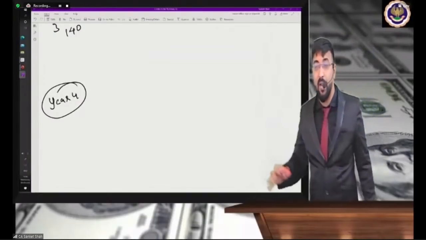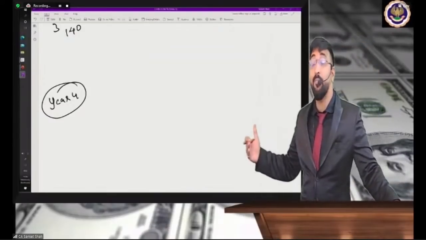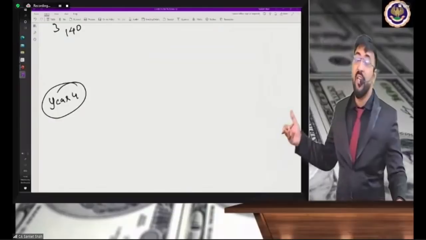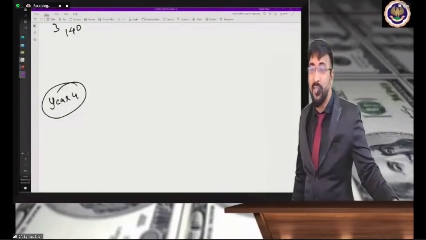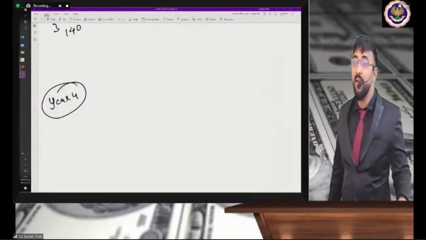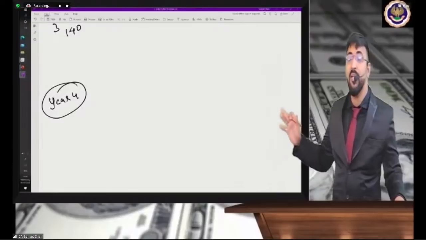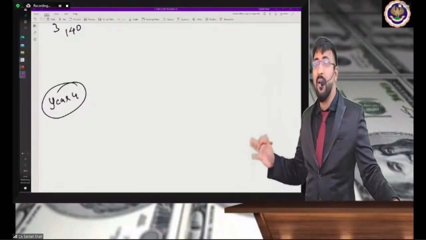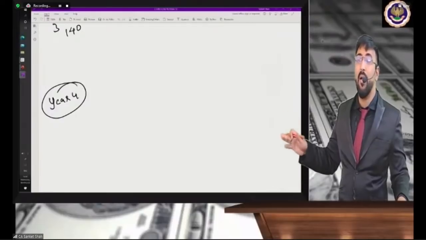For example, suppose I want to see whether Pratham is a brilliant student or not. So I will check his past record. In 9th standard, he scored 96%. In 10th standard, 94%. And in 11th standard, 45%. So he is not actually an average student.